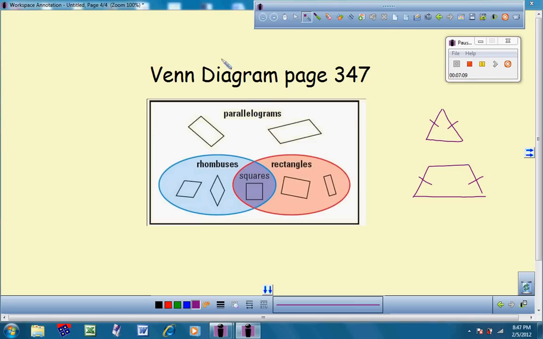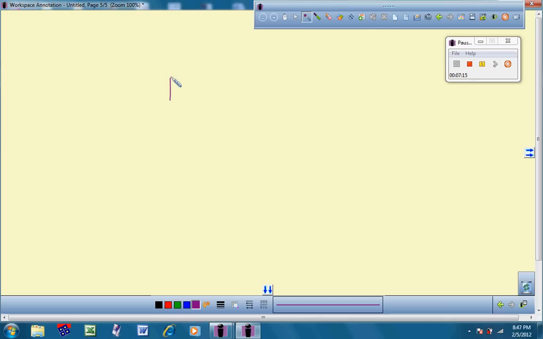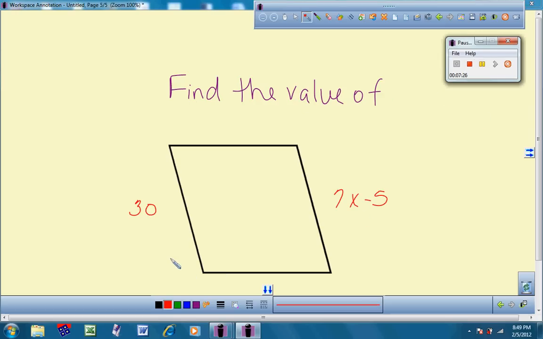Alright, next you're going to have to find the value of x when given certain polygons. Find the value of x. Alright, let's go ahead and find the value of x with the given information.